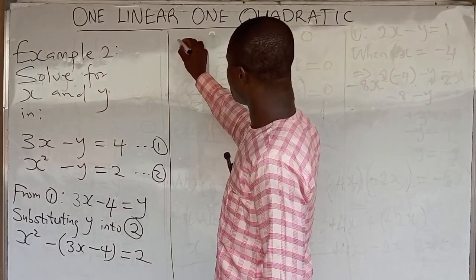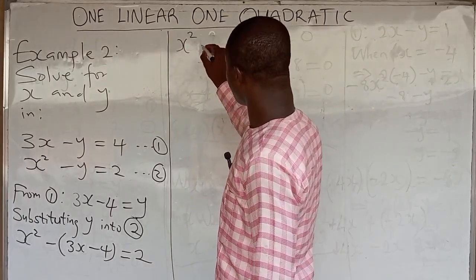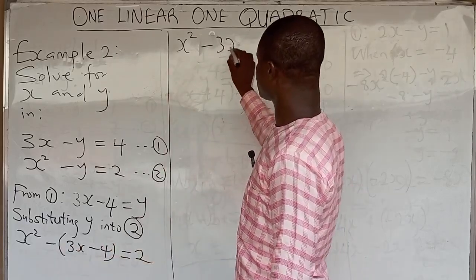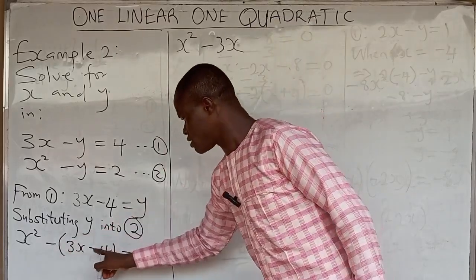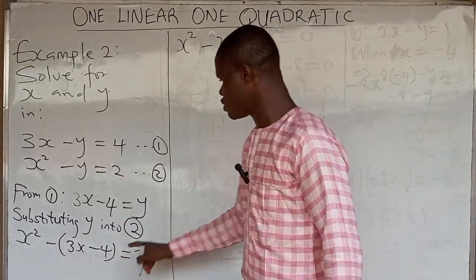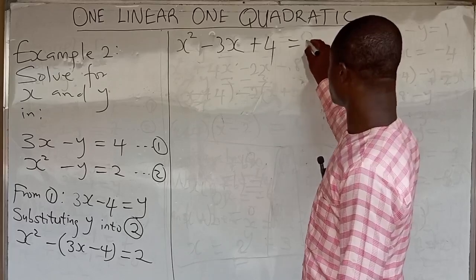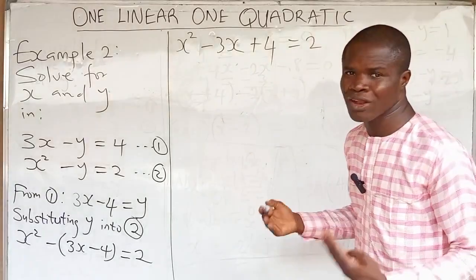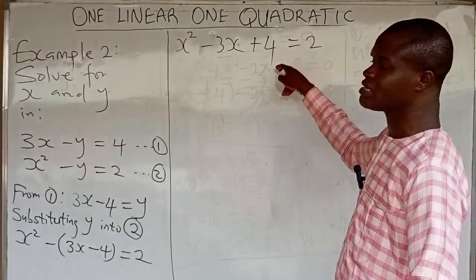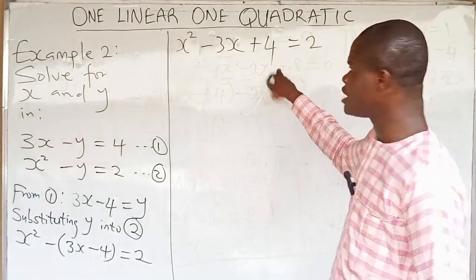So this becomes x squared, minus times 3x will give us minus 3x. Minus times minus will give us plus 4. Then this is equal to 2. So the next thing to do is to collect like terms. This is plus 2, this is plus 4. So this plus 2 will come inside and become minus 2.